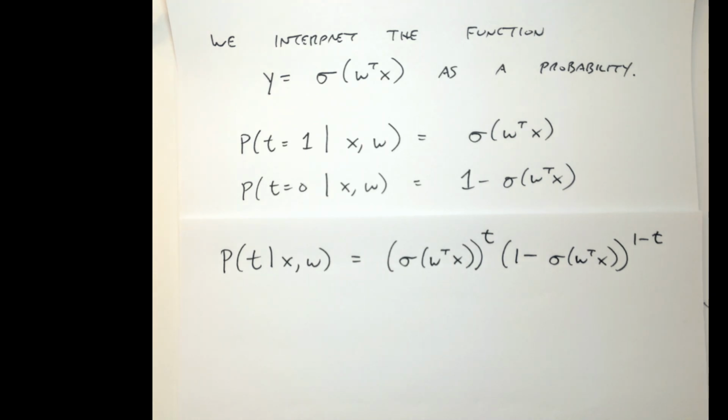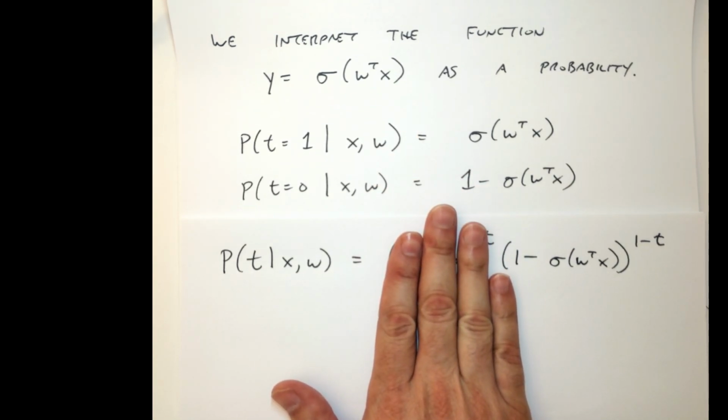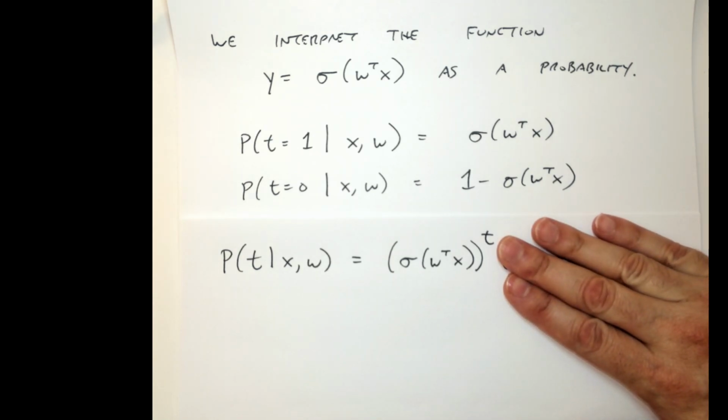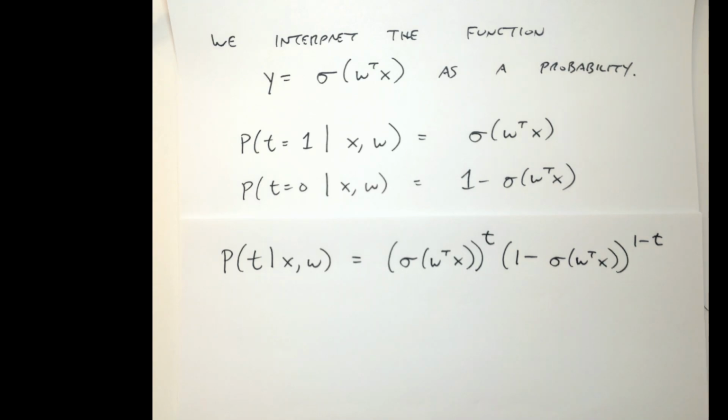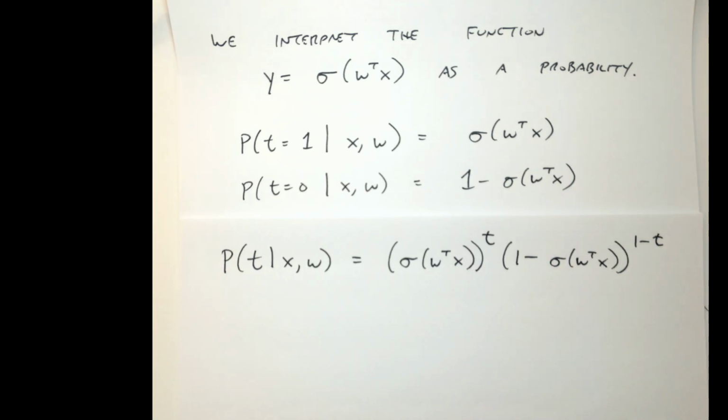Now, why is that true? Well, let's think about it. This is just a fancy restatement of these two equations put together, right? So when t equals 0, then this number to the 0 power goes away, and I have the bottom equation. When t equals 1, then this exponent is 0, and I got this, right? So this is just a way of encapsulating for the two possibilities what can happen, because only one of these terms is not equal to 1.